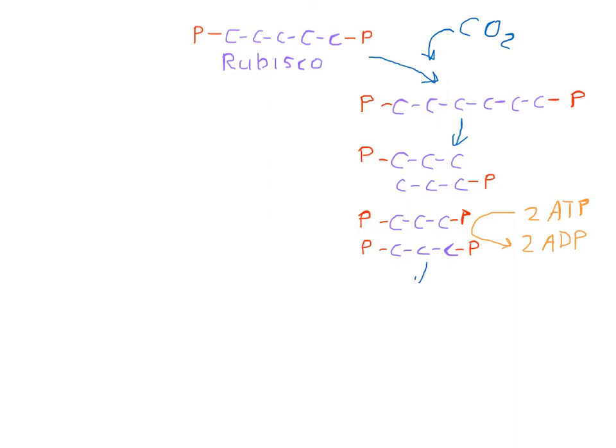The next thing that happens is that 2 molecules of NADPH are added, resulting in 2 molecules of NADP+.